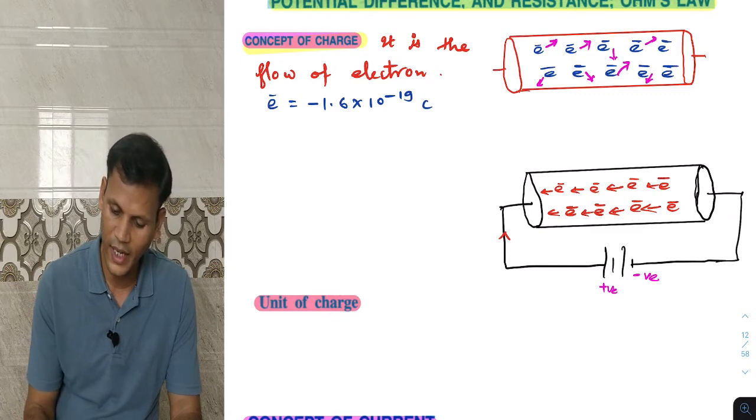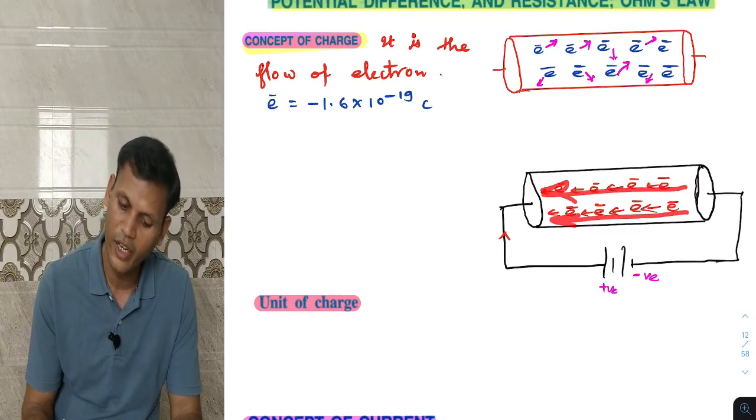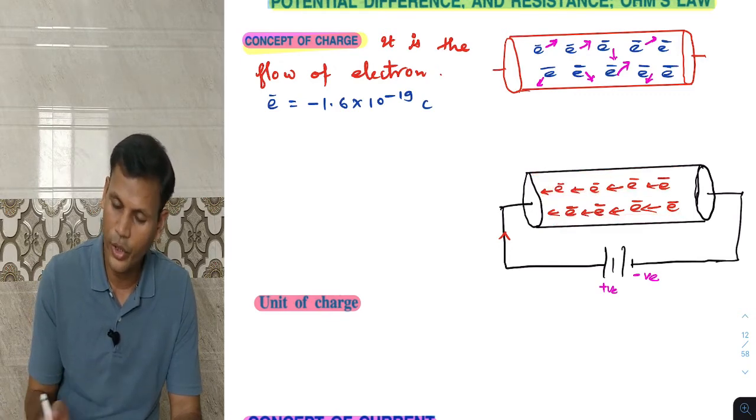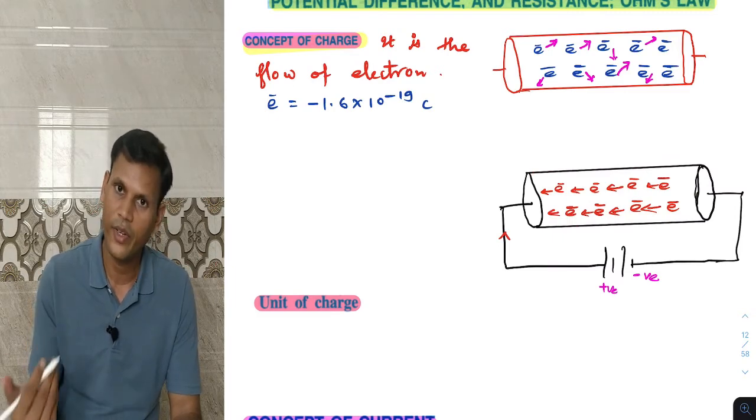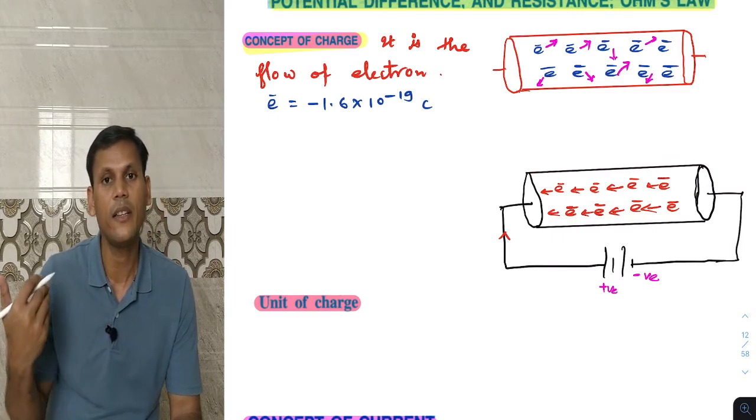As these electrons are flowing in a particular direction, due to the flow of electrons we say current is flowing.